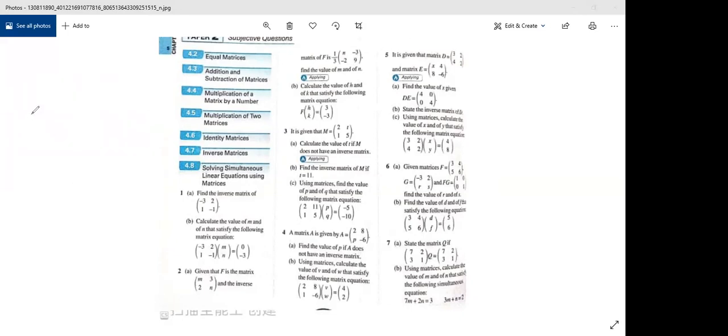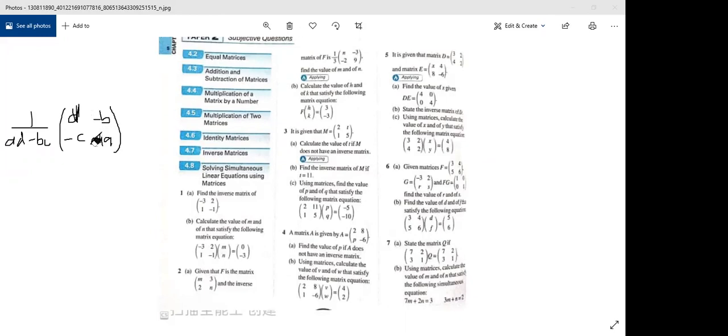So right now, we solve this inverse matrix. We write down the formula, so you will become very clear about the inverse matrix. DA, okay.